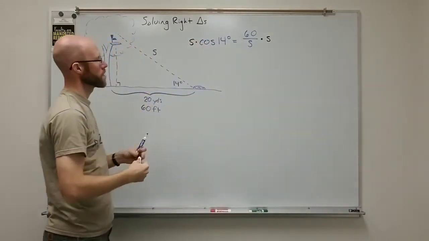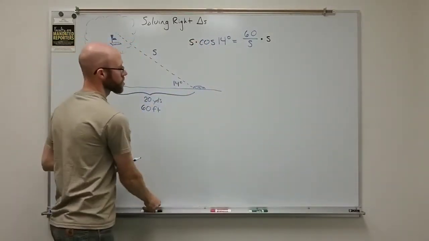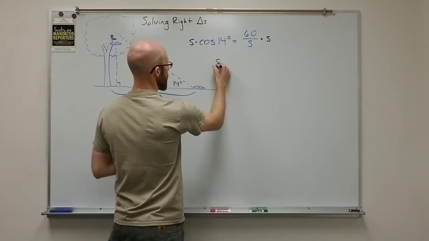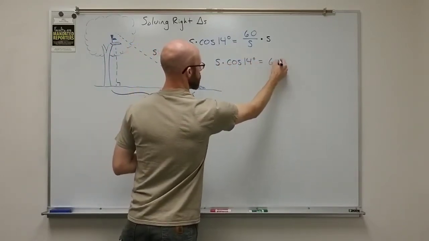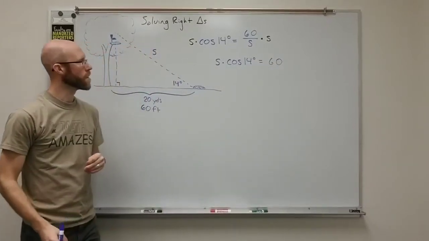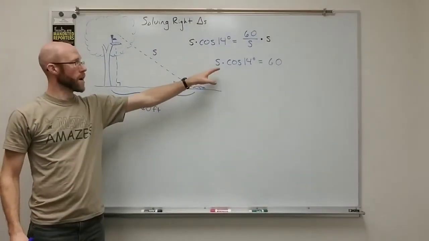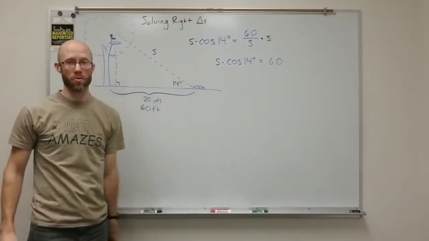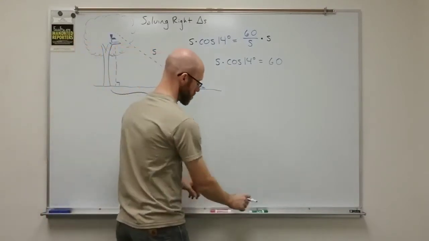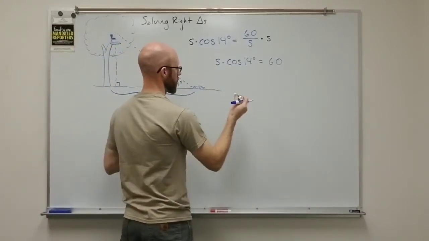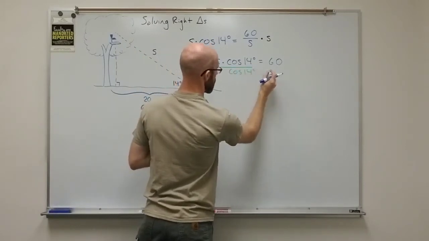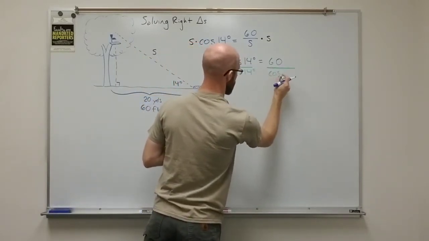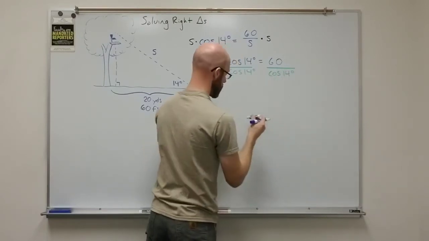So we multiply by the denominator. The S's cancel on the right. We're left with S times the cosine of 14 degrees is equal to 60. And then I can divide by the cosine of 14 degrees. I'm going to do that to both sides of this equation. That will solve for S. So divide by cosine 14, divide by the cosine of 14.